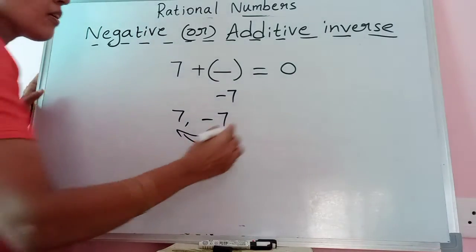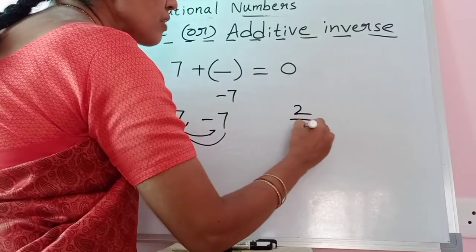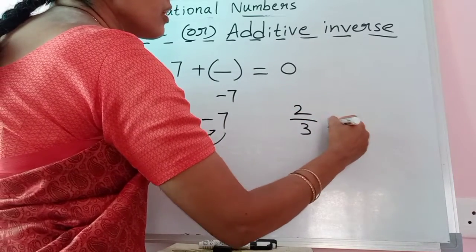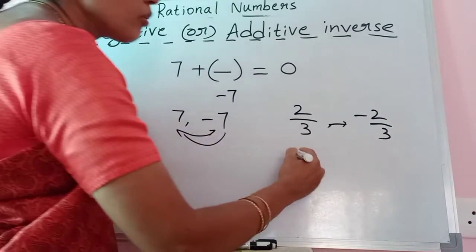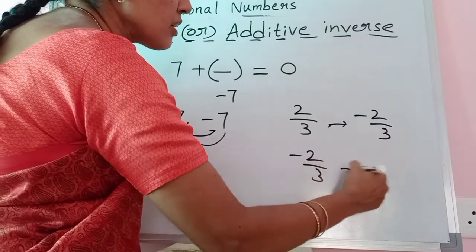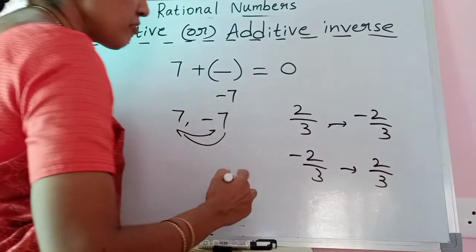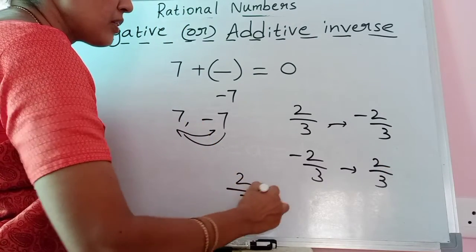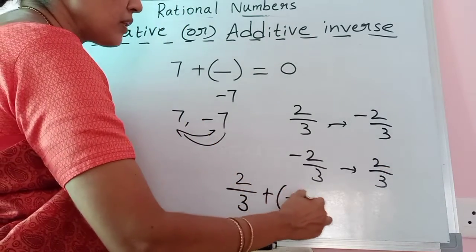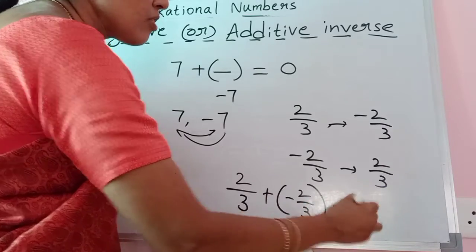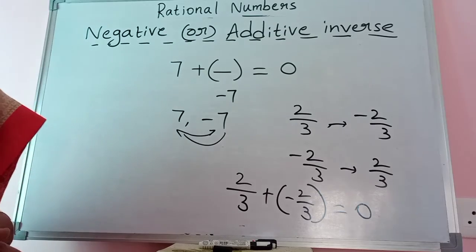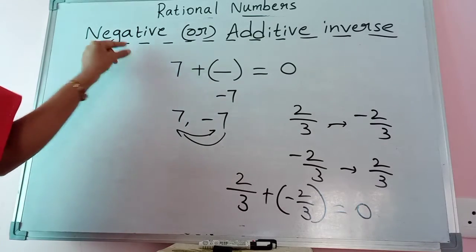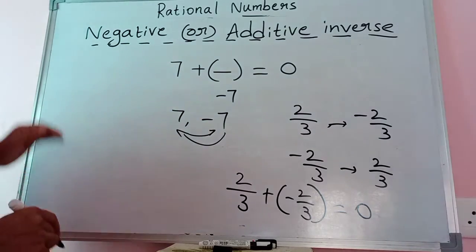Let's take another example. The additive inverse of plus 2 by 3 is minus 2 by 3, and the additive inverse of minus 2 by 3 is plus 2 by 3. If I add 2 by 3 and minus 2 by 3, I get 0. That is why these two are known as additive inverses of each other. The additive inverse is nothing but the negative.